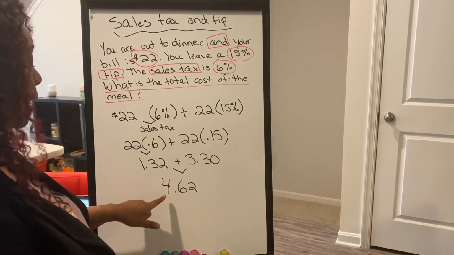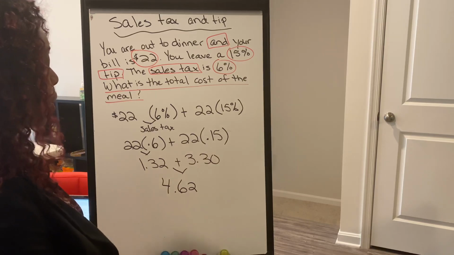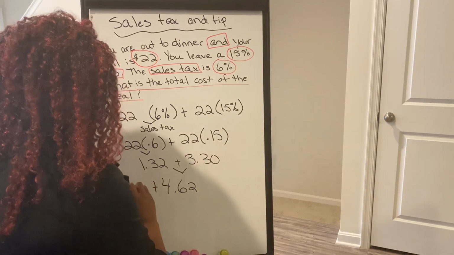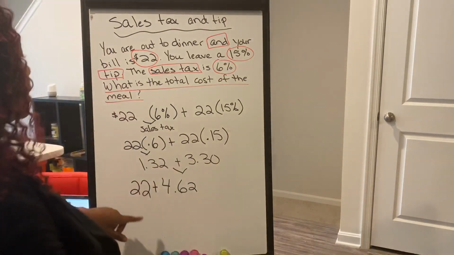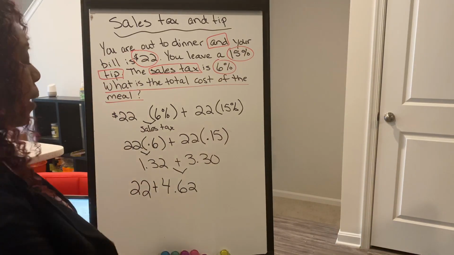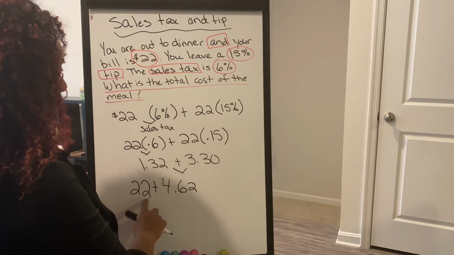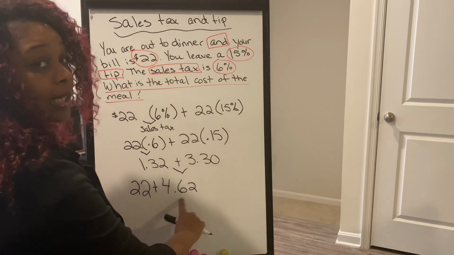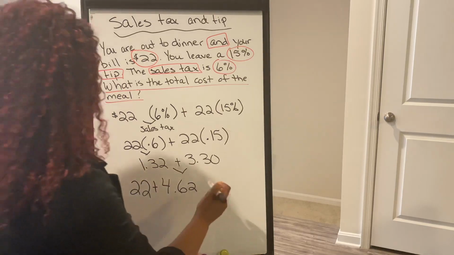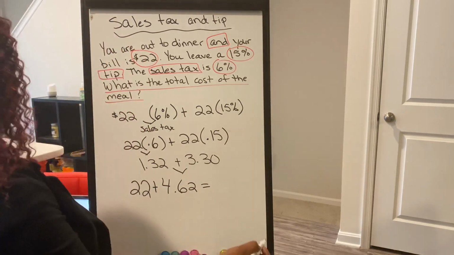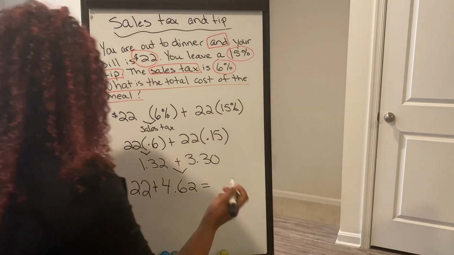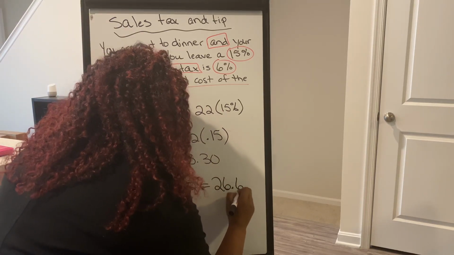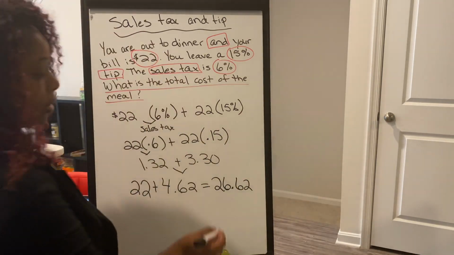So I'm going to say this amount here plus $22, because this was my original amount of how much it cost me to get my food. This is the sales tax in addition to my tip. So you should end up with $26.62 as your final answer.